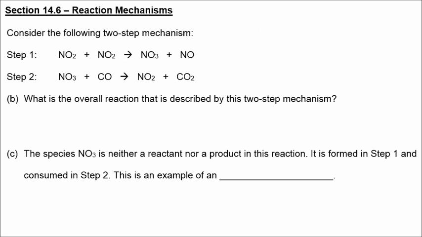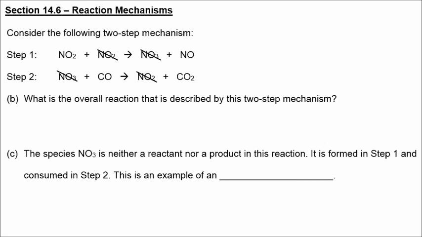Here we have a two-step mechanism. Step 1 involves the collision of two molecules of nitrogen dioxide, and then step 2 involves the collision of a molecule of carbon monoxide with a molecule of nitrogen trioxide. So the overall reaction involves adding steps 1 and 2 together and crossing off anything that appears on both sides. So we cross off the NO2, well, one of them anyway, and we cross off the NO3.